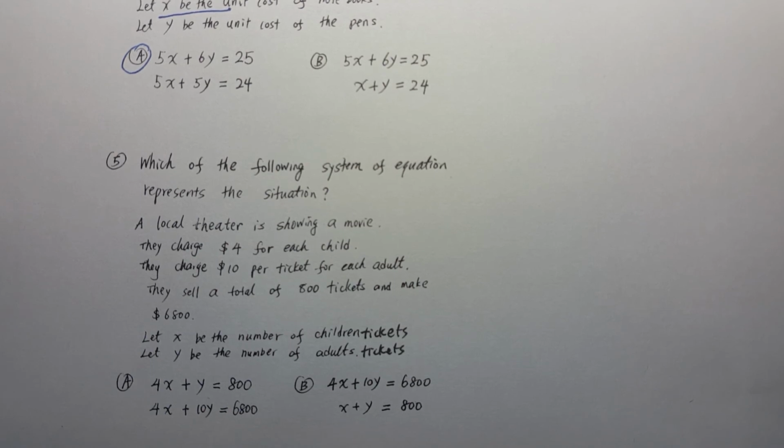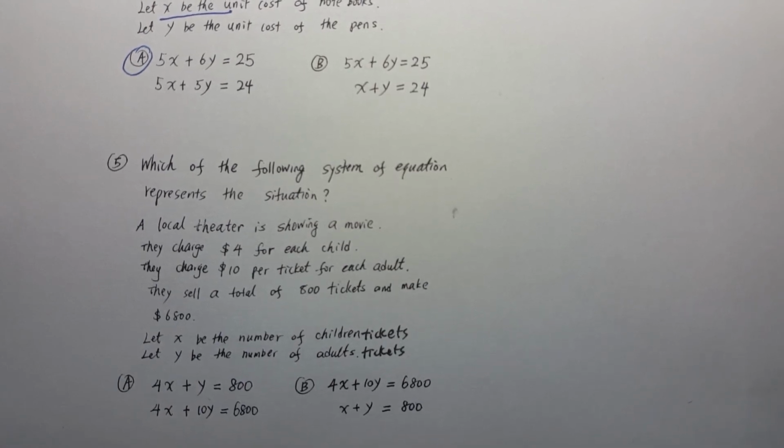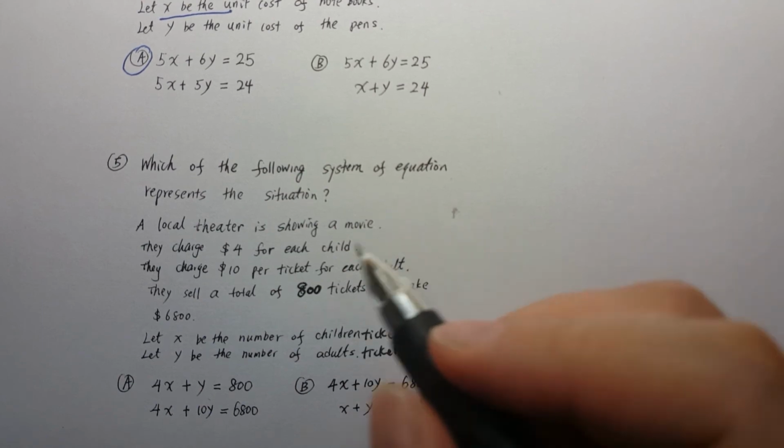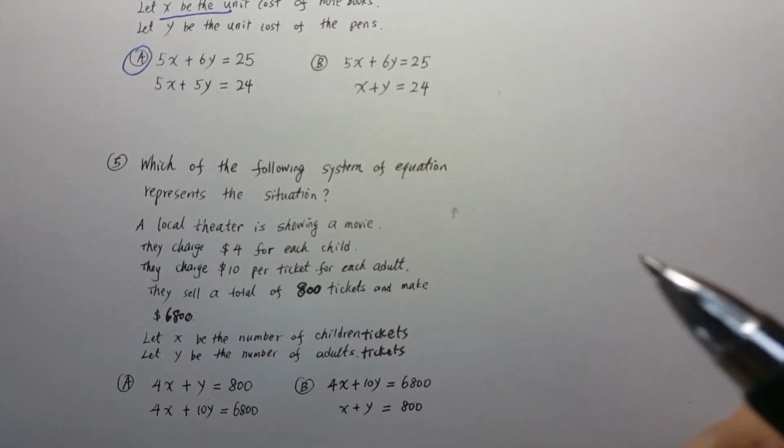They charge $10 per ticket for each adult. They sell a total of 800 tickets and made $6,800. So we have 800 tickets, and the amount of money is $6,800.